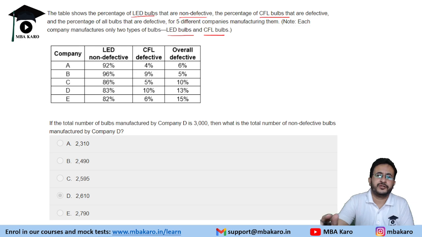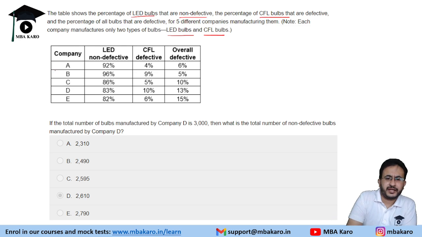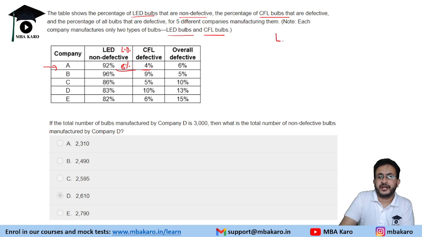Now, how to use that concept: in company A, we see LED non-defective is 92, so LED defective will be 8%. CFL defective is 4%. So LED defective is 8%, CFL defective is 4%, overall is 6%.